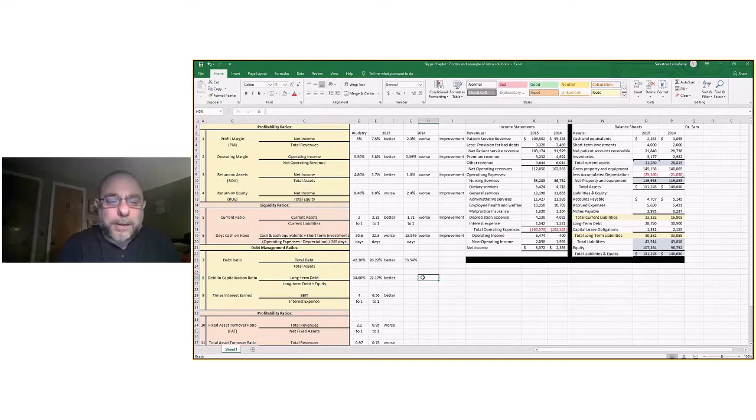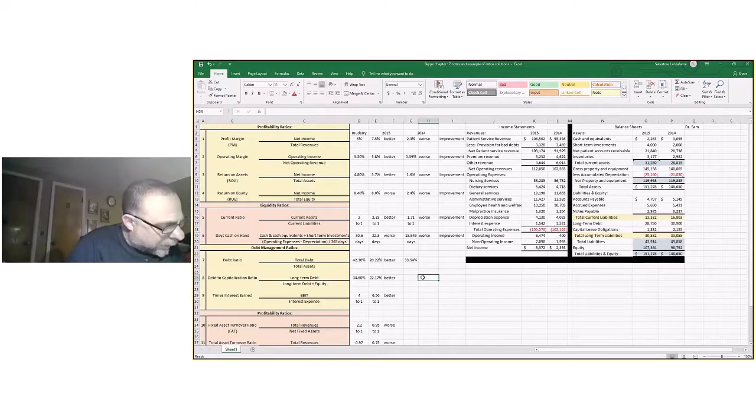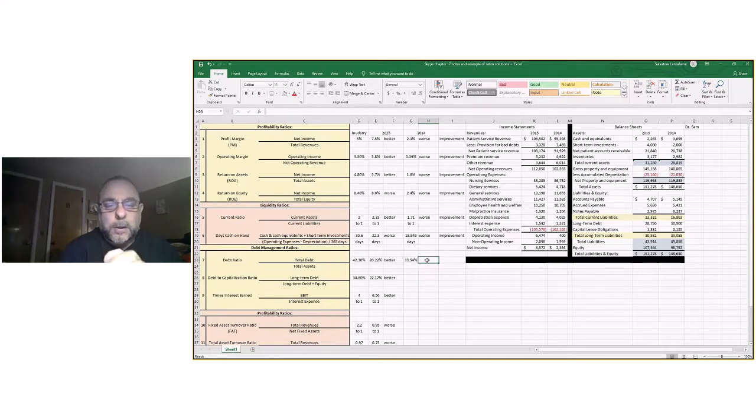So we had more debt last year. Let me just make sure I have the same answer as before. Yep, so about 34%. So in this situation, the lower the number is actually better.